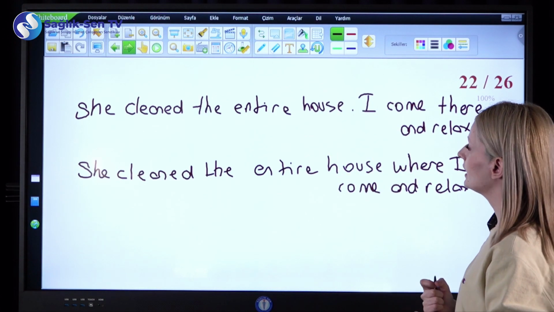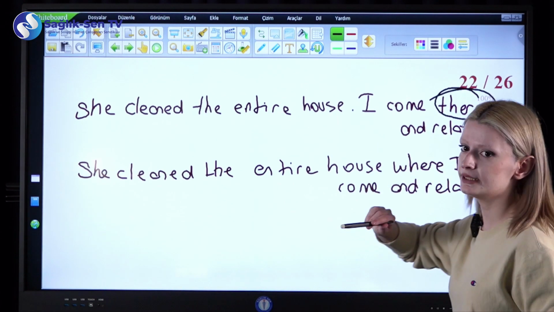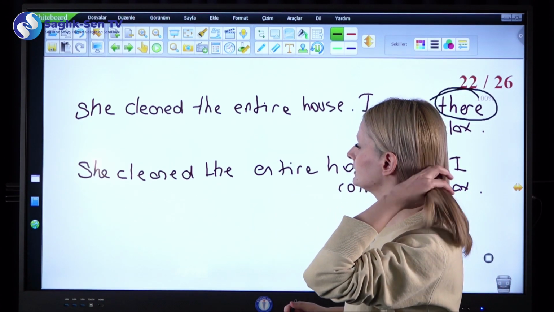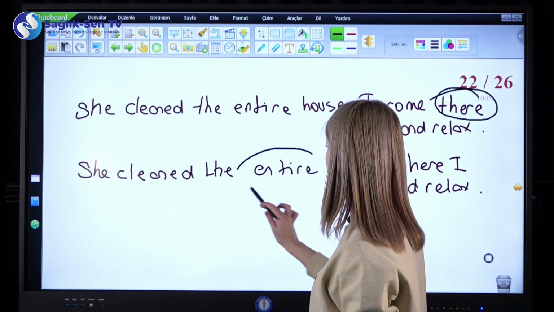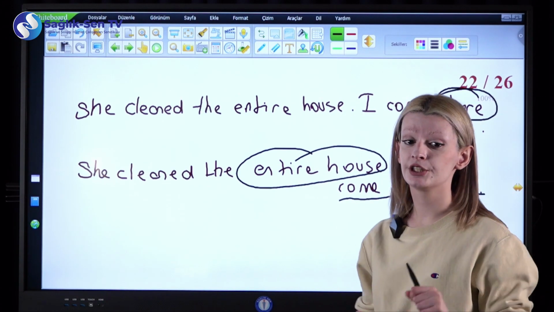She cleaned the entire house. I come there and relax. Again, you can see a there use in the second sentence. She cleaned the entire house where I come and relax.